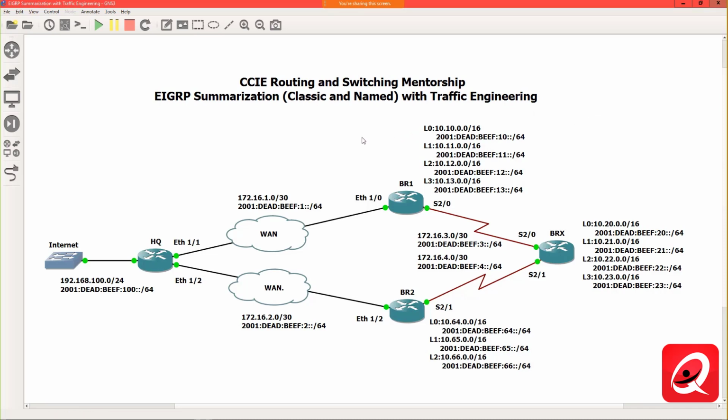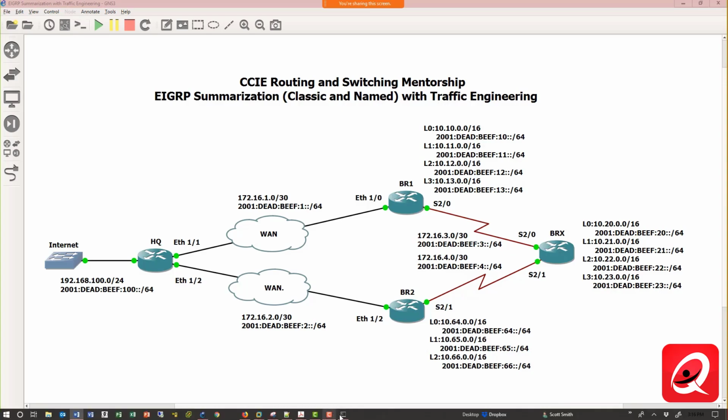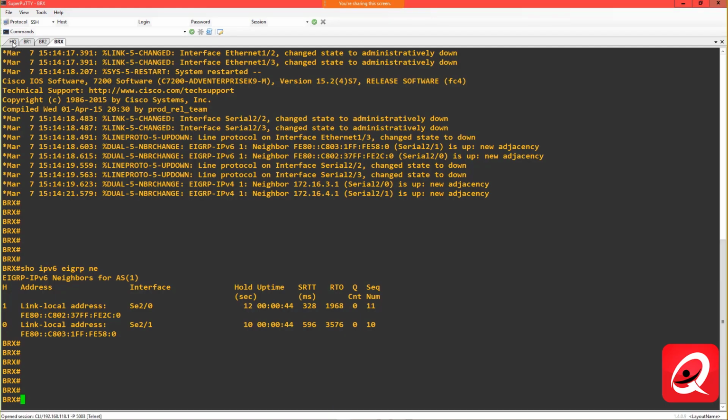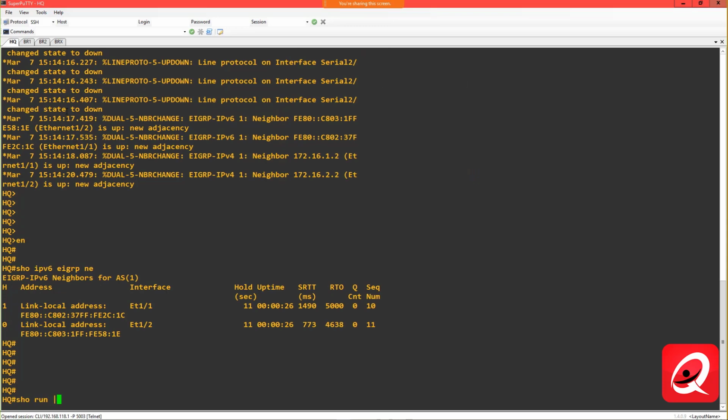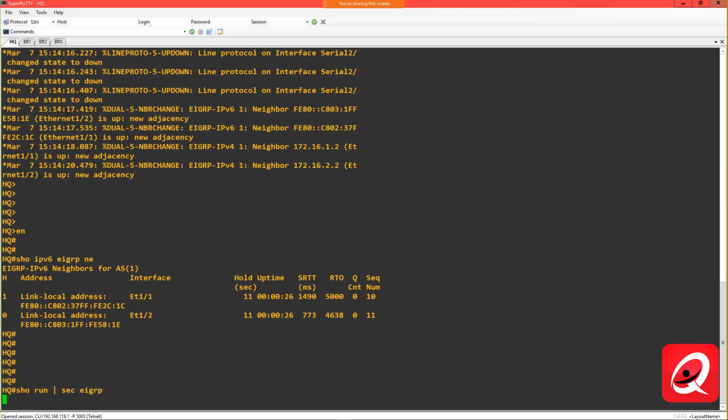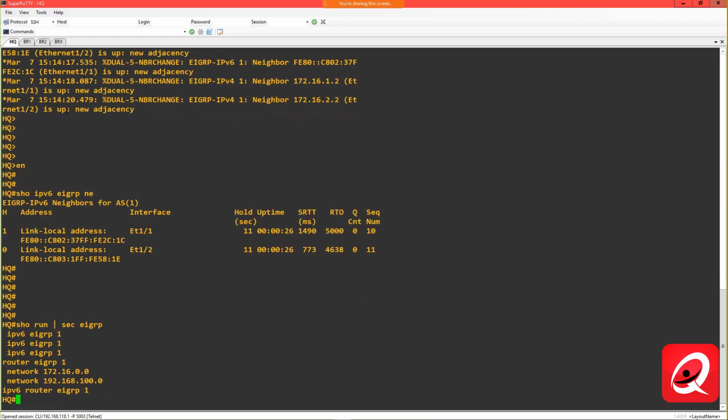All right. Interestingly enough, we're going to be talking about EIGRP route summarization. And traditionally, when we talk about summarization, our focus has always been primarily on reducing the overall size of our routing table. So if I go to my HQ router real quick and just take a look at the configuration, show run pipe section EIGRP, I can see in this particular router, and in fact all the routers, I'm running classic mode for now.